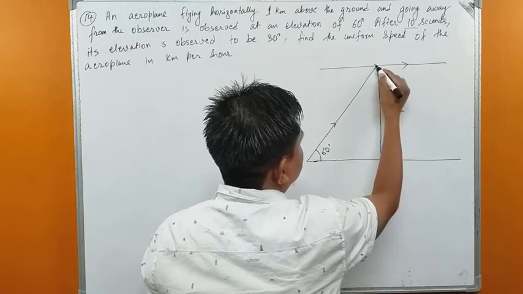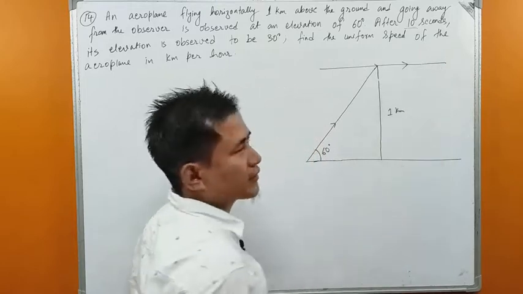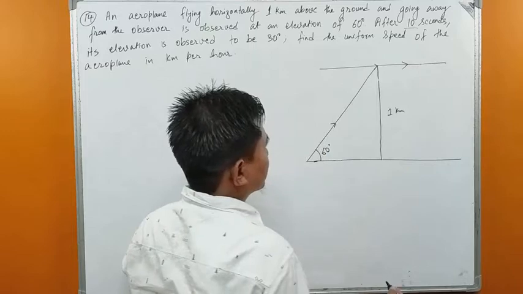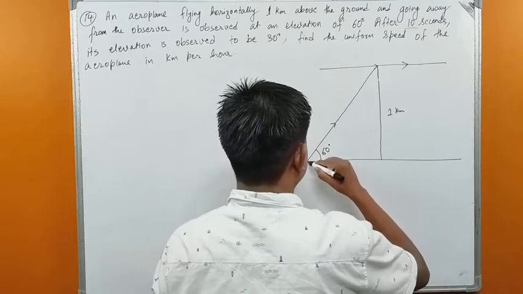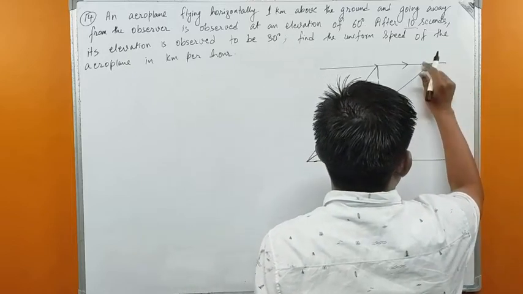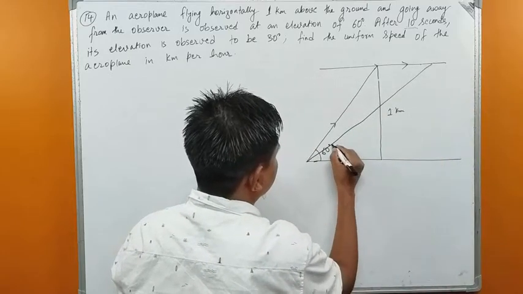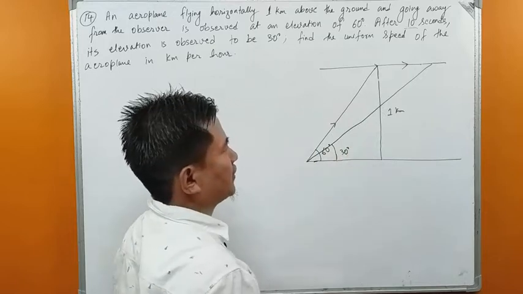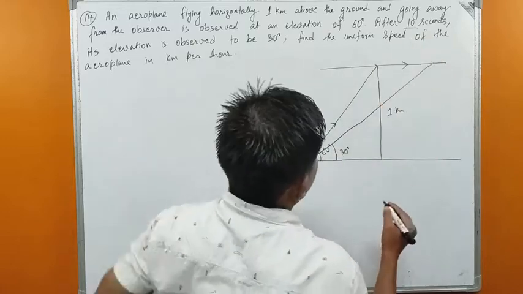We don't know exactly where the aeroplane reached, but we can assume it reached here. Now at this point, the angle of elevation is decreased to 30 degrees. Now we are asked to find the speed of the aeroplane in kilometer per hour.